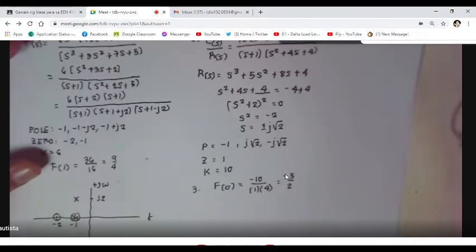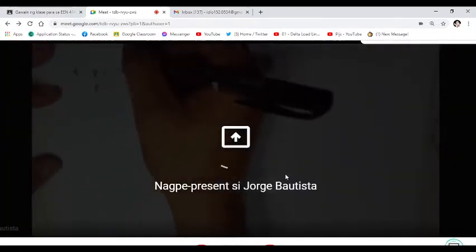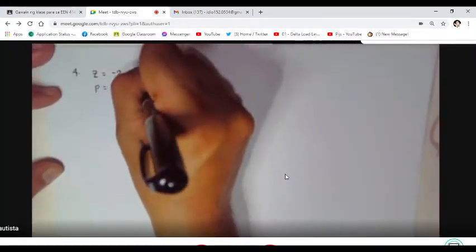Okay, number 4. A transfer function has a zero root at... I'll write the given. It has zeros at negative 2 and 3. It has poles at 1, j2, and negative j2.